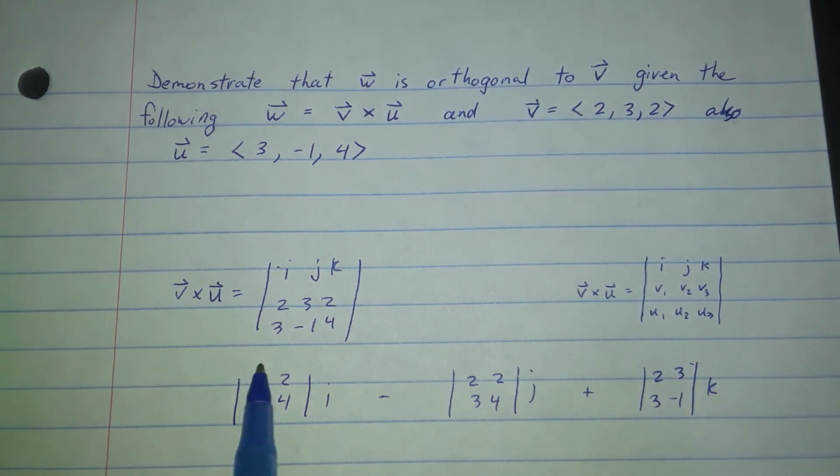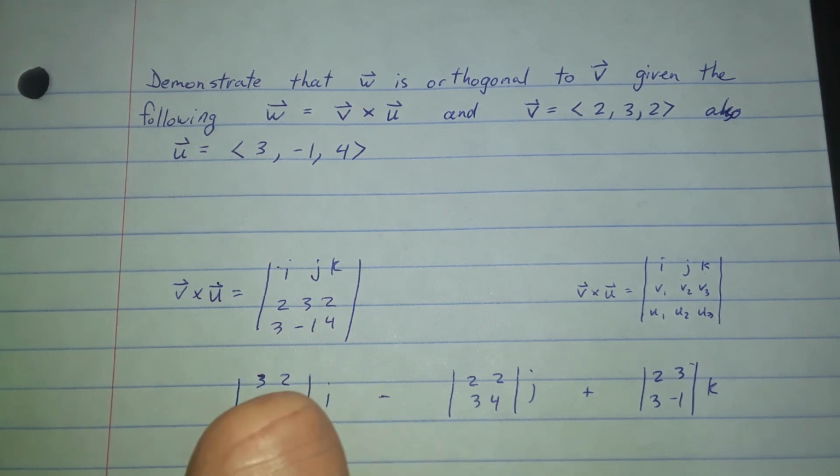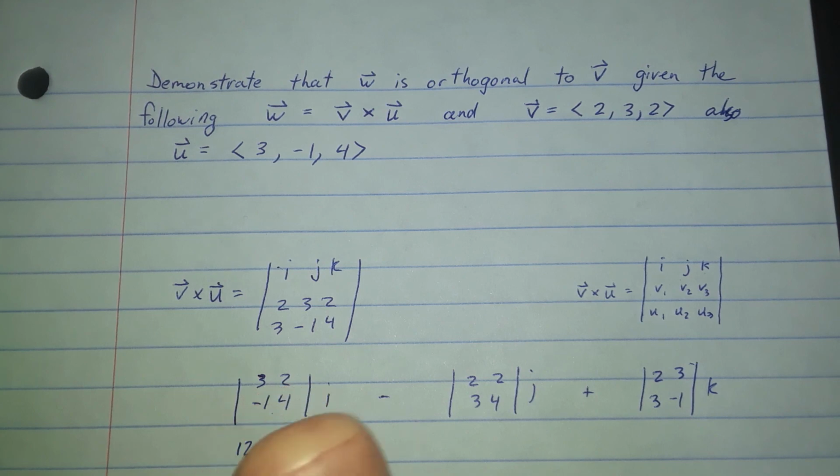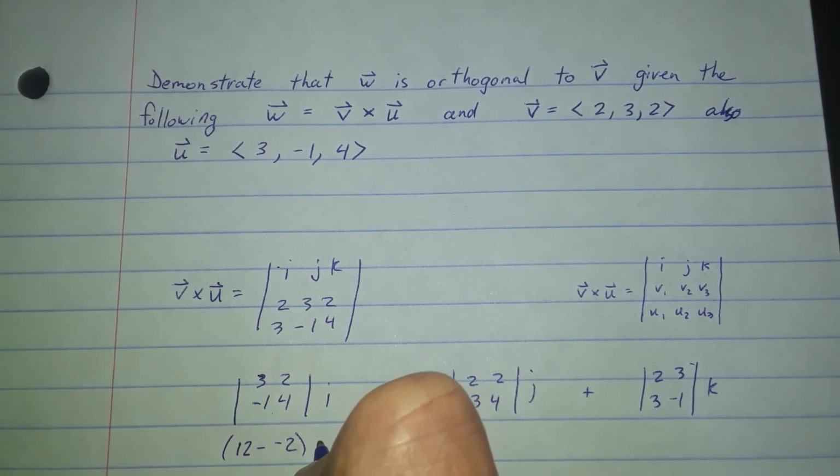So now I want to find the 2 by 2 determinant here, which is I take this row, multiply it, this row, multiply it, and subtract those. So I'm going to look at 12 minus negative 2. So 3 times 4 is 12, 2 times negative 1 is negative 2. And whatever that difference is, we're going to have that multiplied by i.